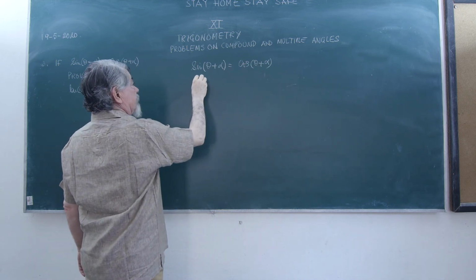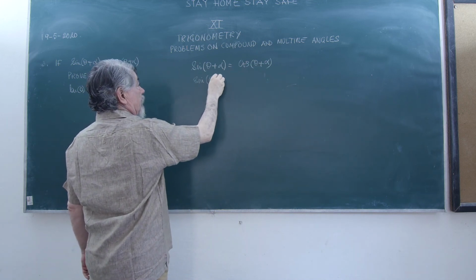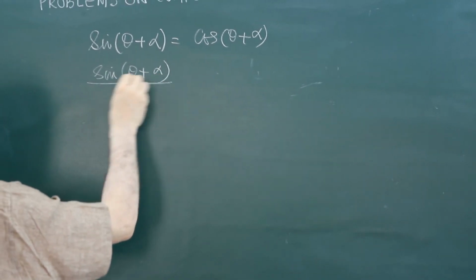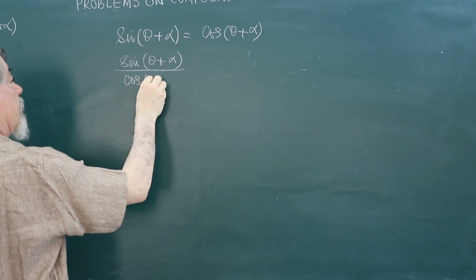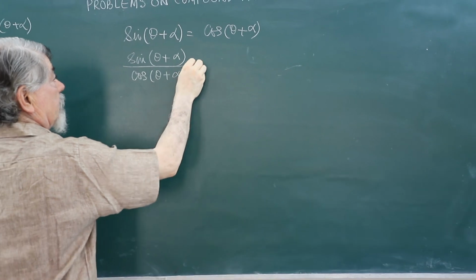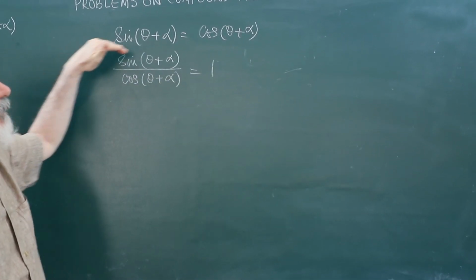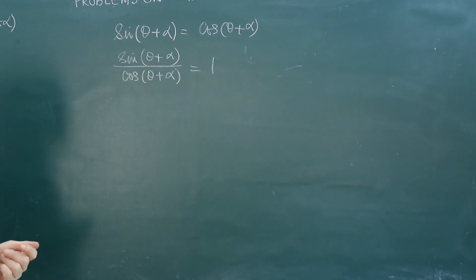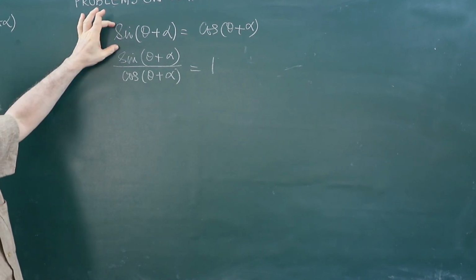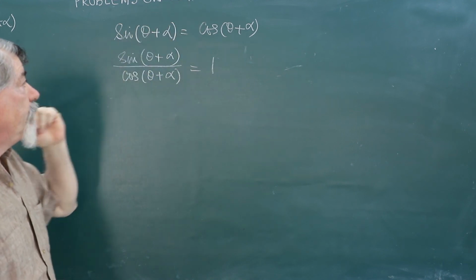I can write this as sin(theta plus alpha) upon cos(theta plus alpha) equal to 1. I have divided both sides by cos(theta plus alpha), so it will become 1.